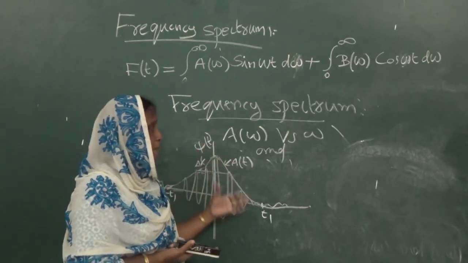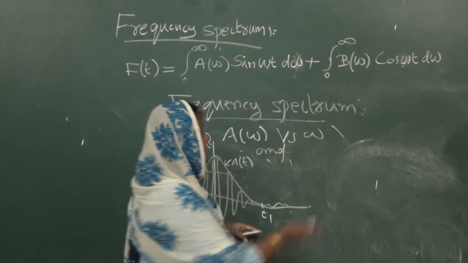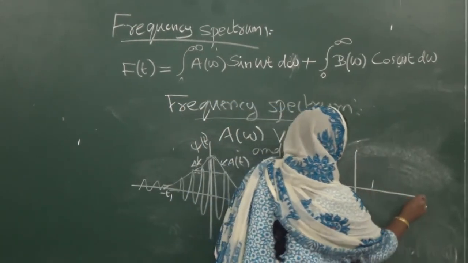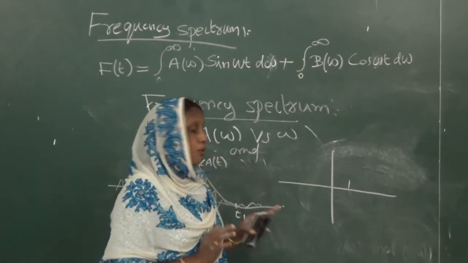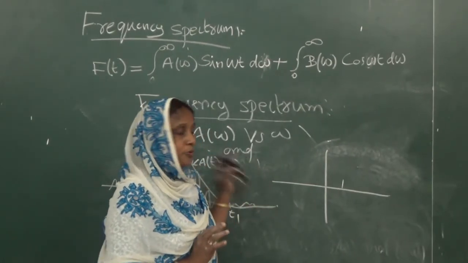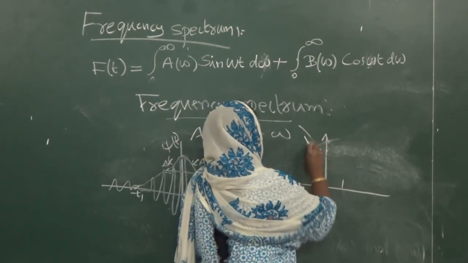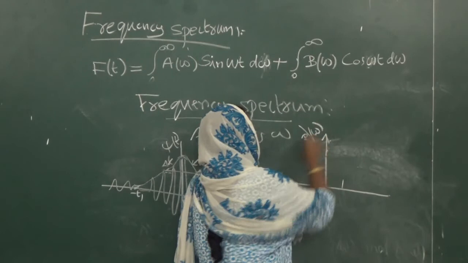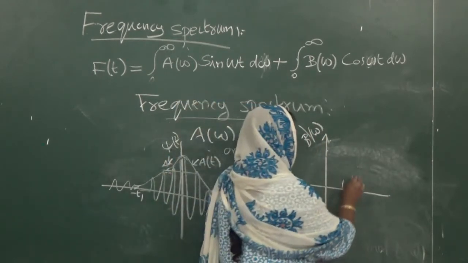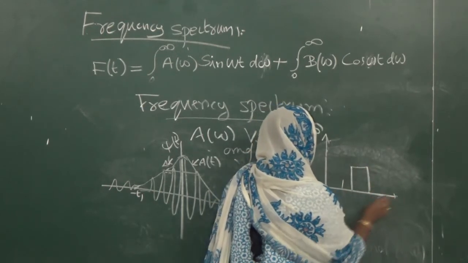Okay, now we can plot the frequency spectrum of this pulse. We already found that A of omega equals 0, so we don't need to plot a graph for it. But B of omega has a definite value, A0 by delta omega, in an interval like this.